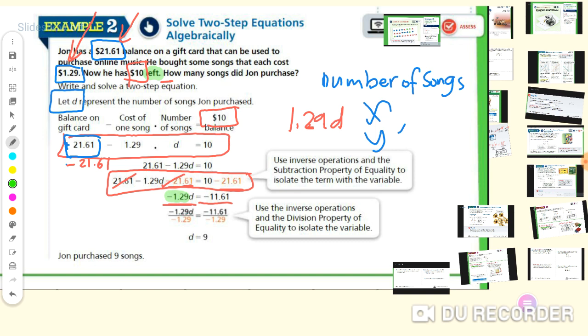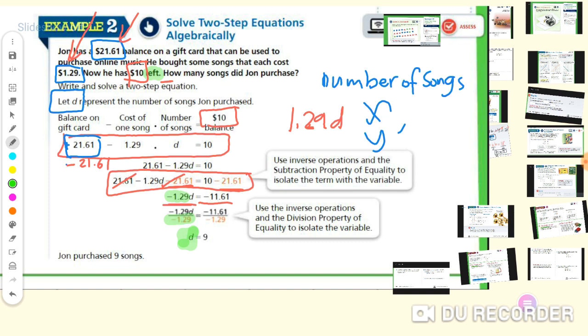Then this number beside D is multiplication, because there is no operation between the number and the letter, so it's considered as times. I need D alone by itself, so I will divide by the same number, negative 1.29, from both sides. To keep the equation balanced, you have to divide both sides by the same number.